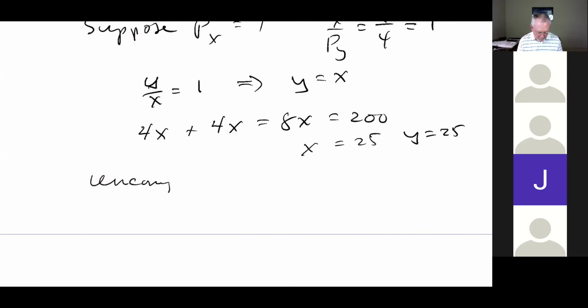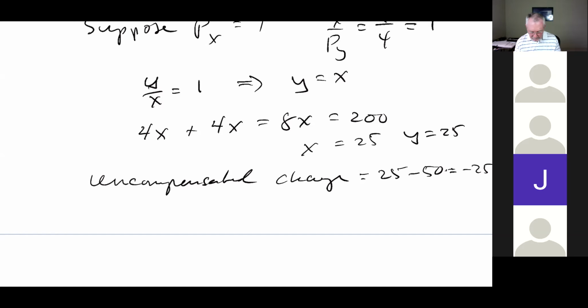This is what we observe. The uncompensated change in quantity demanded of x now is going to be equal to, well, it's 25 afterwards. It was 50 initially, so it's going to be equal to minus 25. That's the uncompensated change. That includes both the compensated change, the substitution effect, and the income effect at minus 25.